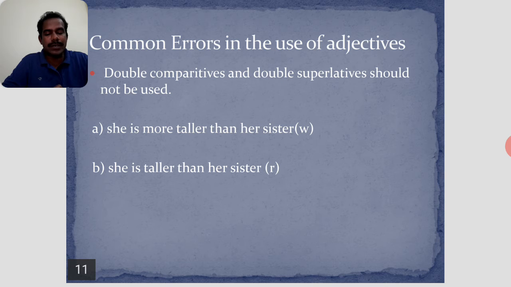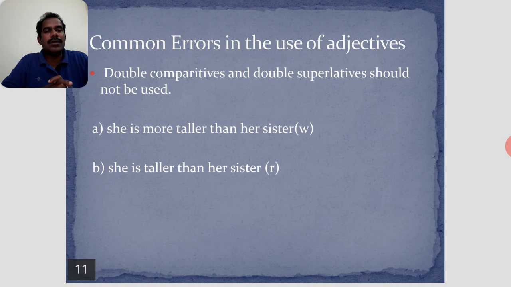Here is the first rule: double comparatives and double superlatives should not be used. For example, she is more taller than her sister. Here two comparatives are there, more and taller.